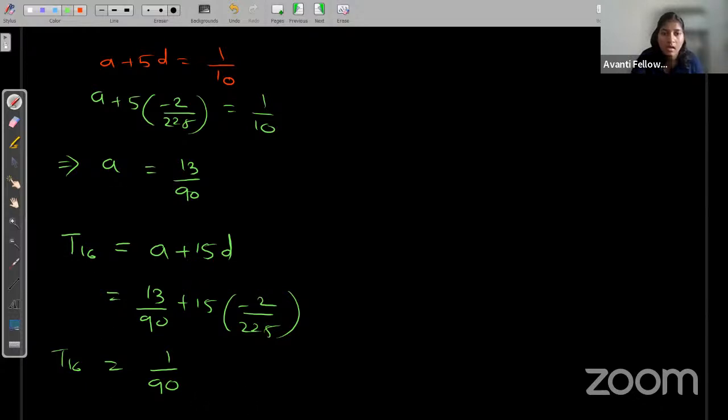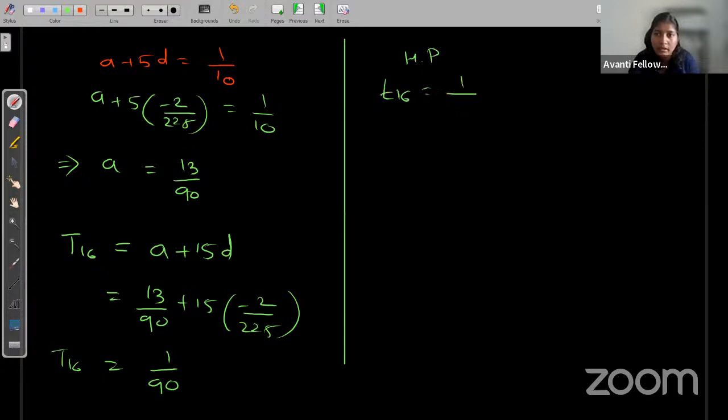So in the case of HP, the 16th term will be the reciprocal of the term of AP. So T16 is going to be 90. So is it clear to you?